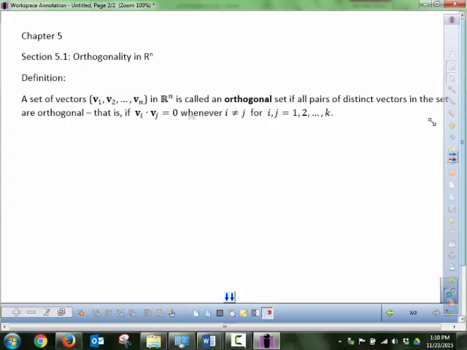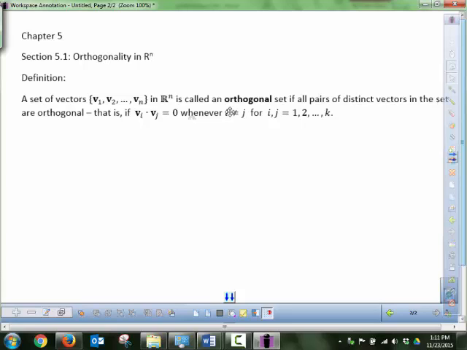A set of vectors is called orthogonal if you take the dot product of any two vectors and it's equal to 0. And you have to take the dot product of all the possible combinations of two vectors. So that's what this little bit of statement says: Vi dot Vj is equal to 0 whenever i is not equal to j.